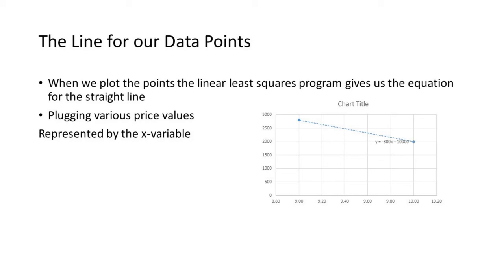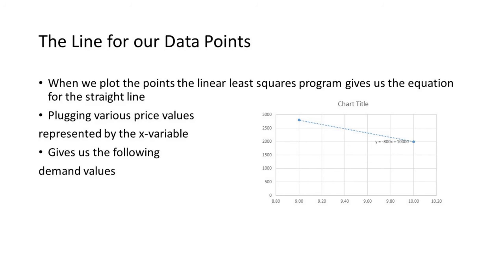And we can plug various price values into that equation, where price is represented by the X variable, and generate as many demand values as we want, with the demand values being the Y variable.